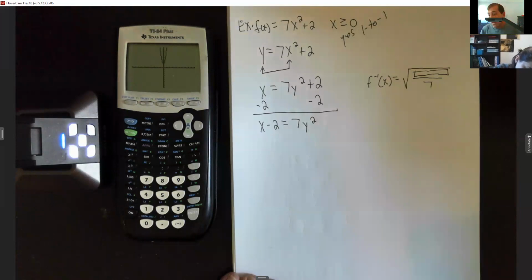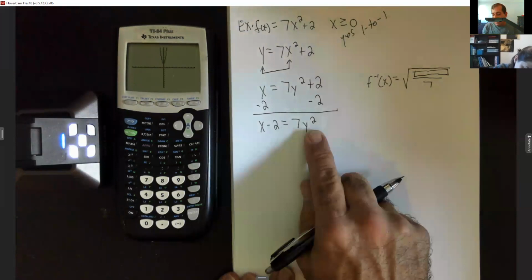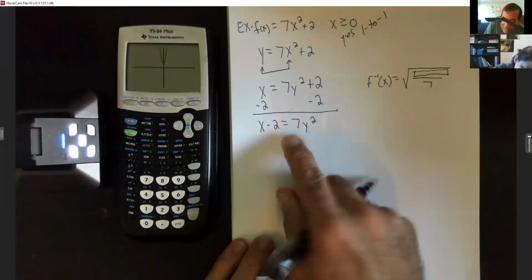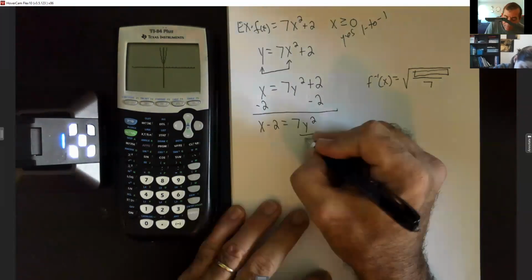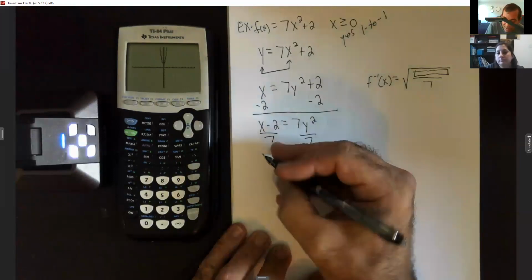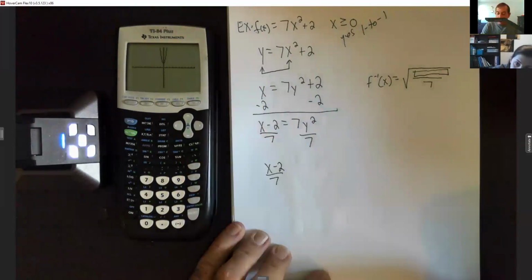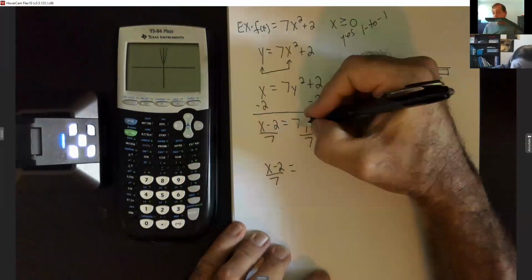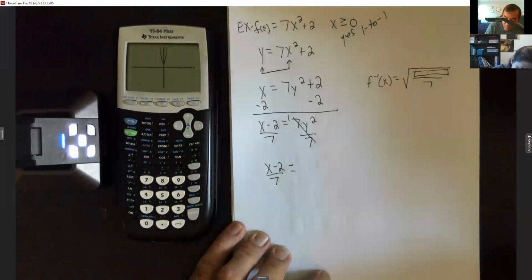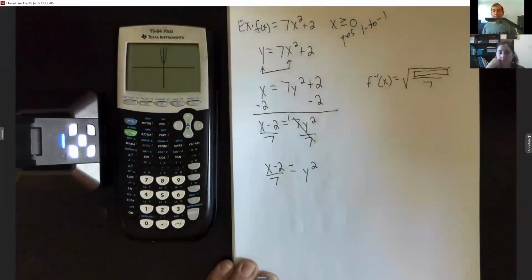Okay, so now, before I do anything with the y squared, I need to divide both sides by that 7 so I can get it moved. So the left side is going to stay x minus 2 over 7. On my right side, the 7's divide out, making a 1. So that gives me a y squared.